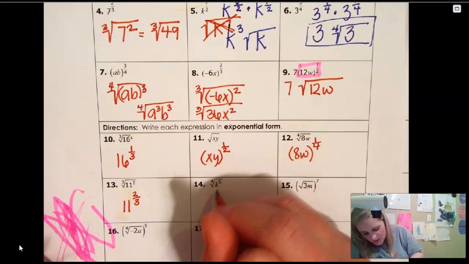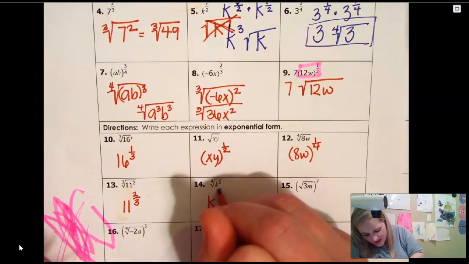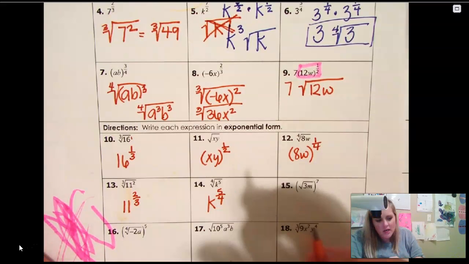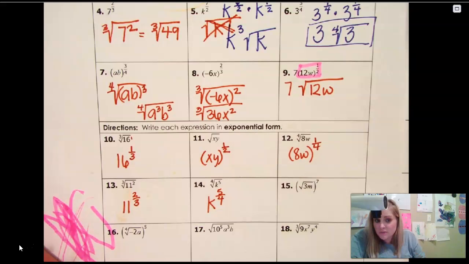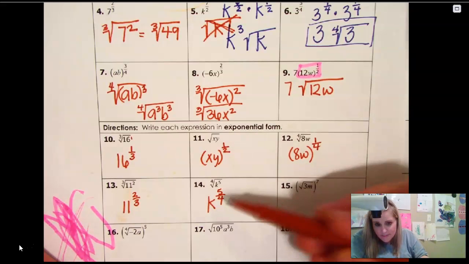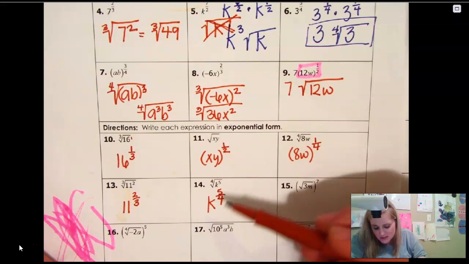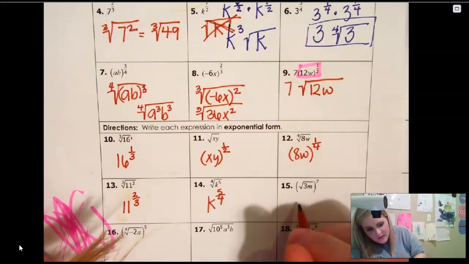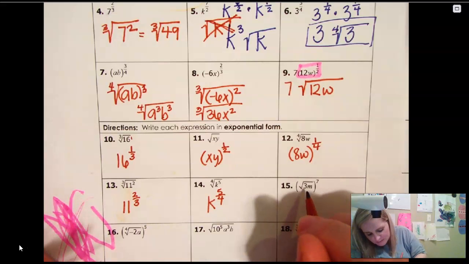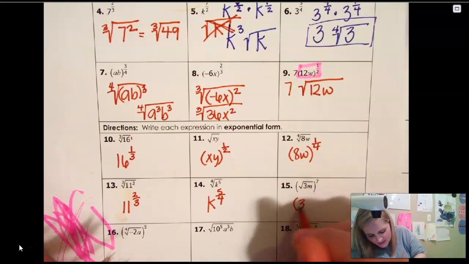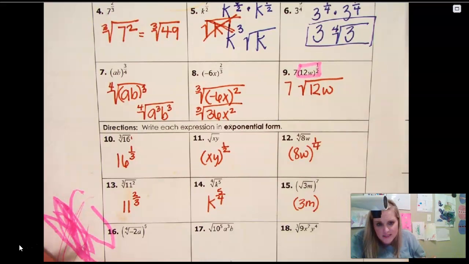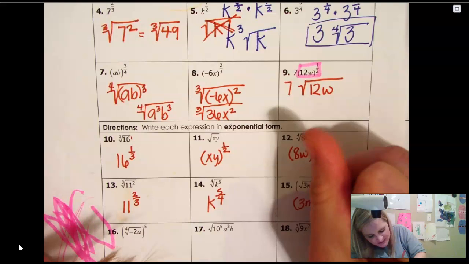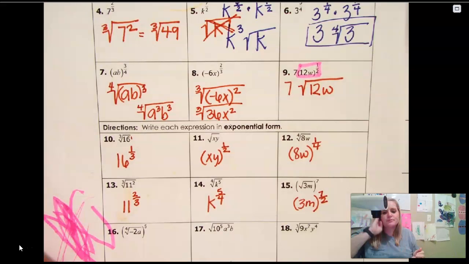For this one, it would be k to the 5/4. Now, k to the 5/4 is one that has a greater number than 4, but we're not breaking this down. We're leaving it just like this, so that's what we would do. For this one, the entire thing is inside the radical, so I'm putting it in parentheses, and then that is going to be to the 7/2.